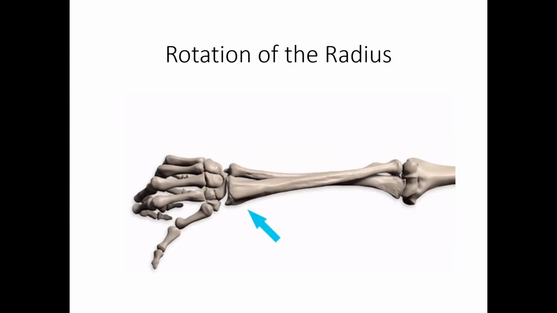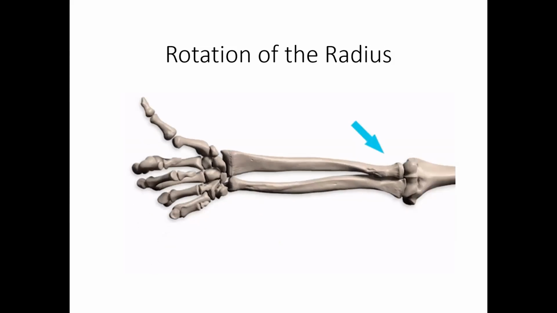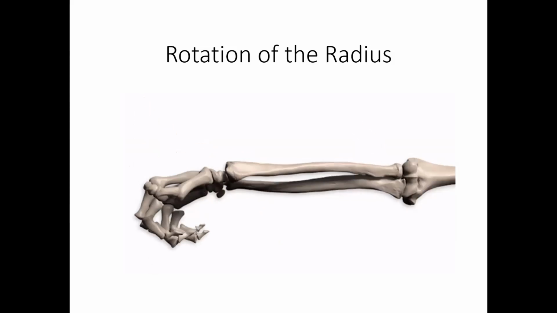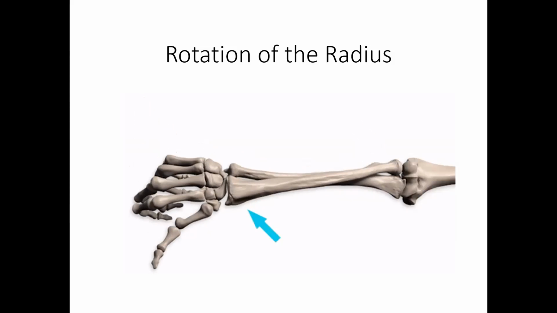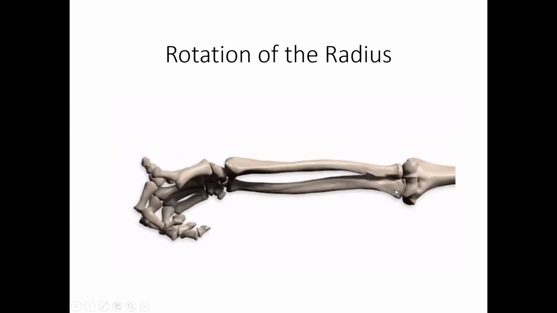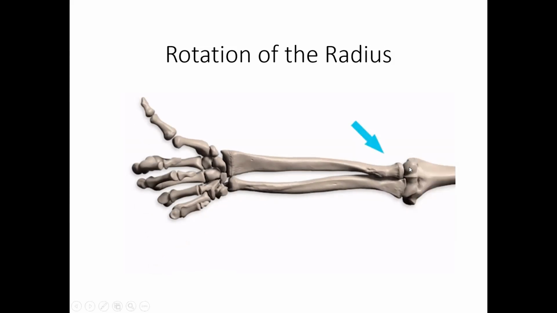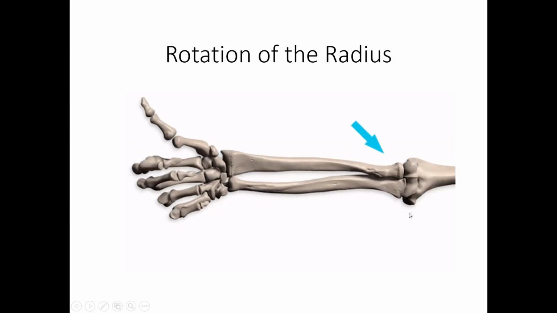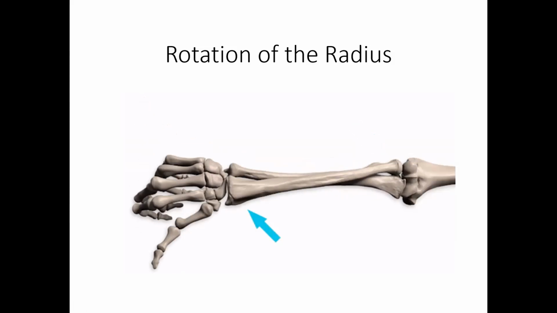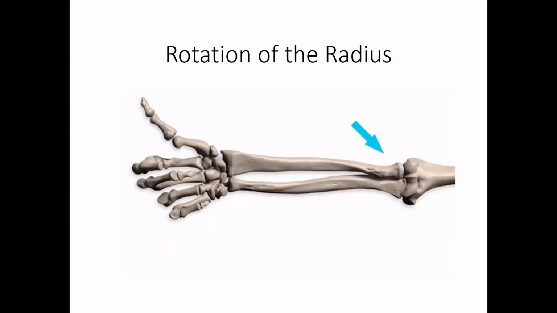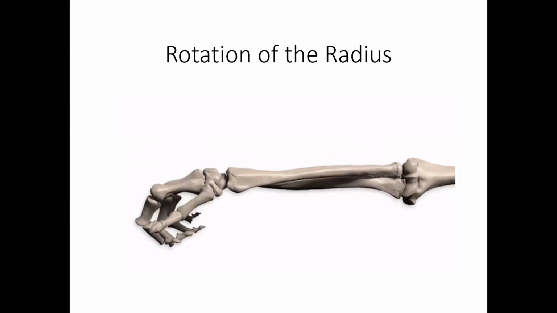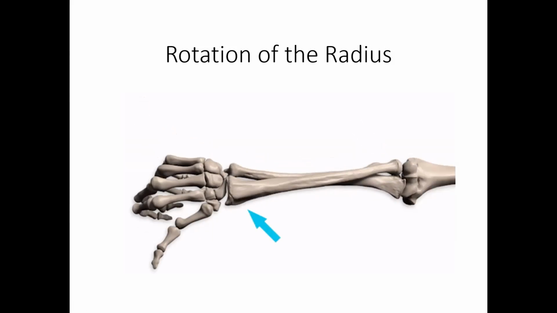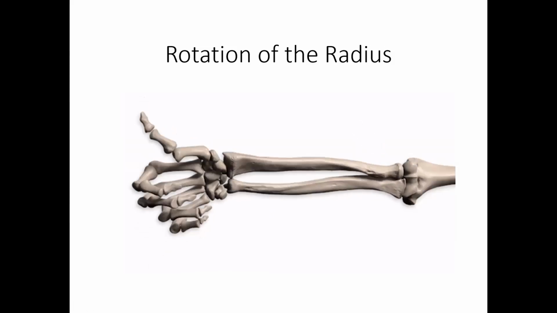We know that the radius rotates around the capitulum and the ulna rotates around the trochlea, because there's the trochlea right there. There's the capitulum there. And we have the medial and lateral epicondyles. So just by knowing that, we can see that first our arm rotates thanks to the radius. And we know that our elbow moves thanks to pulling on the olecranon process.